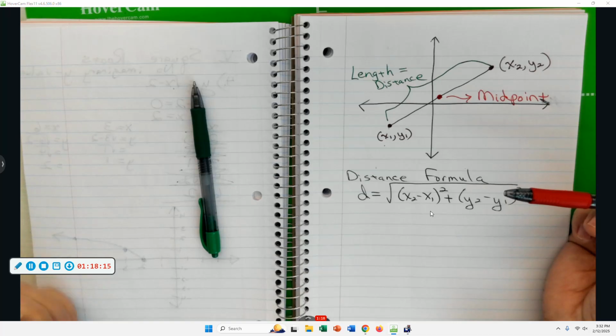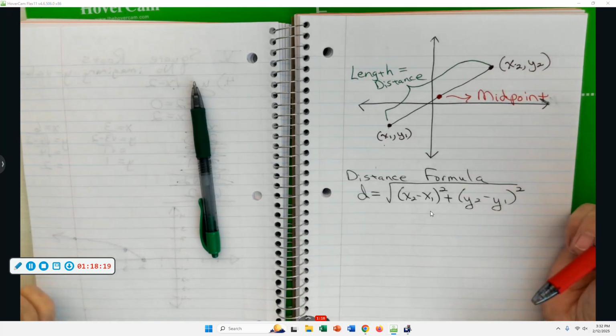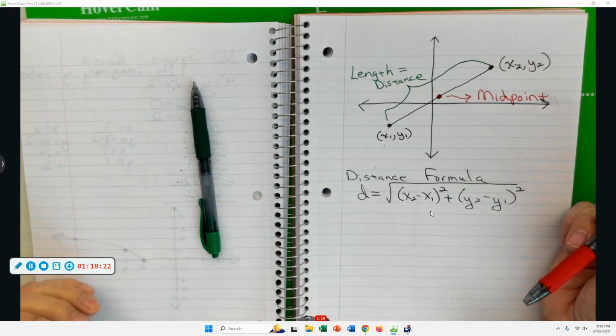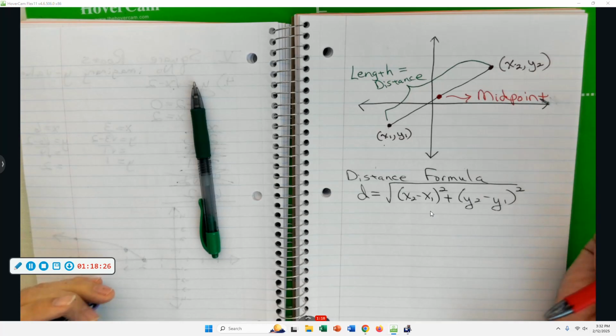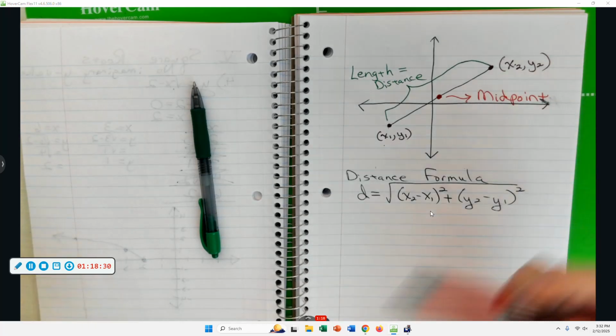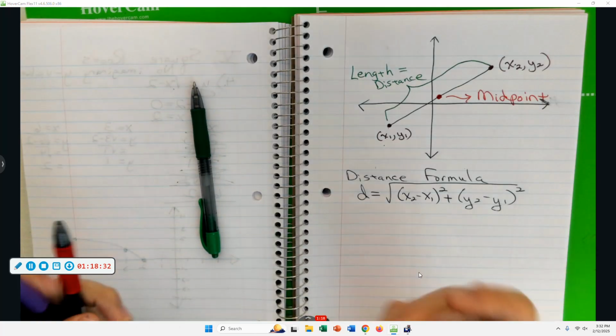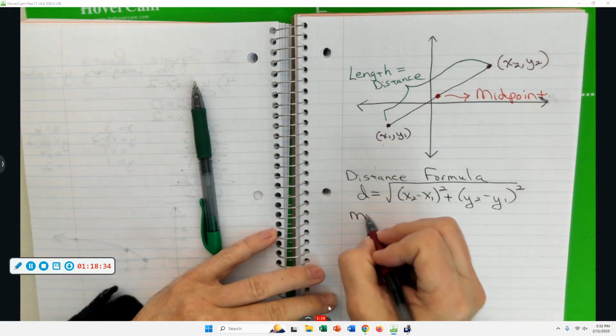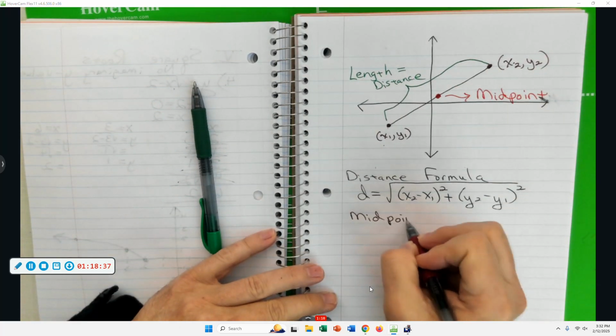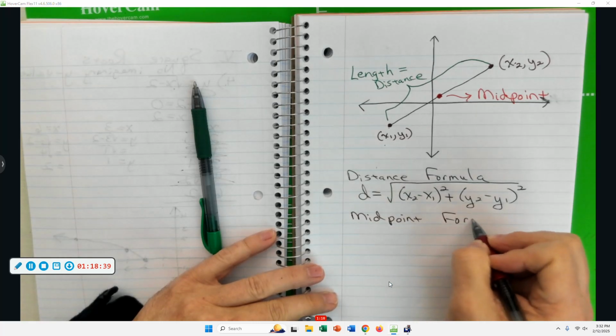Suppose you have 100 on one test and a 90 on the other test. Well, your average would be 95 because 95 is the number that's midway between those two given numbers. So for the midpoint formula, you're just averaging the x values and averaging the y values.